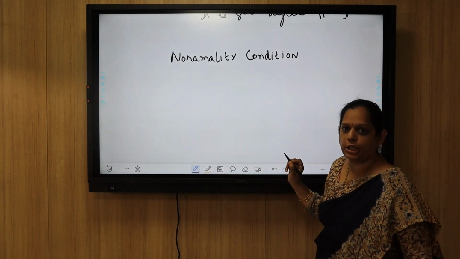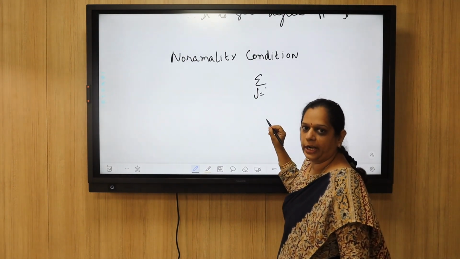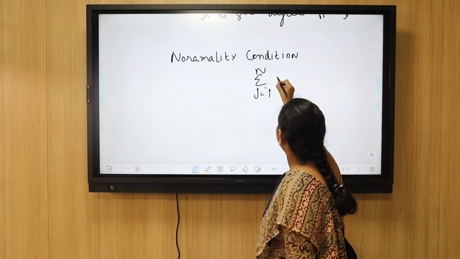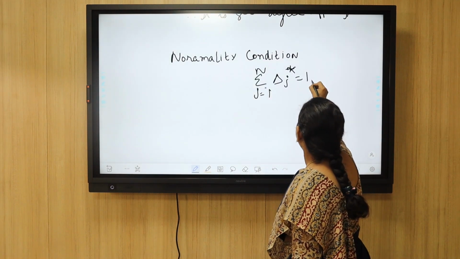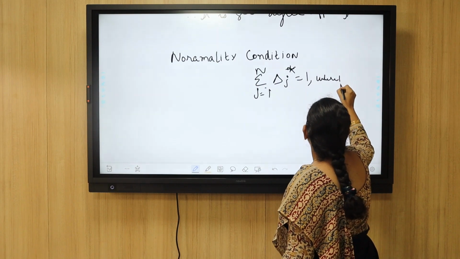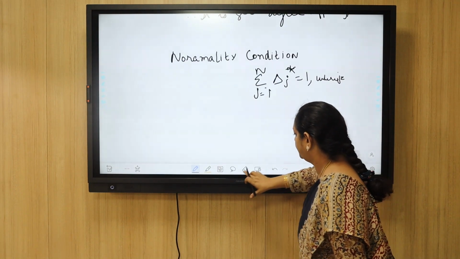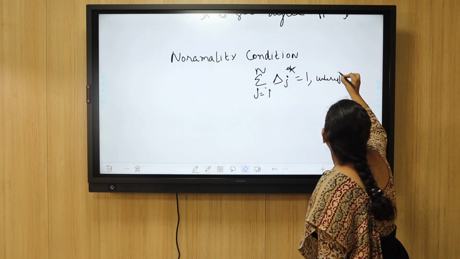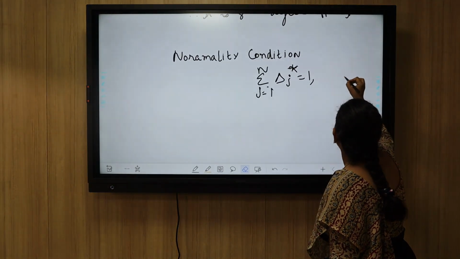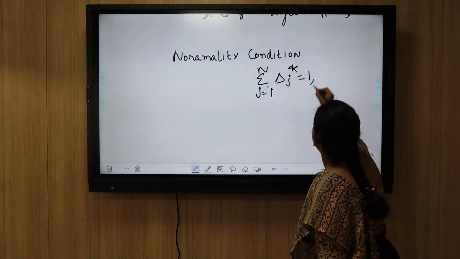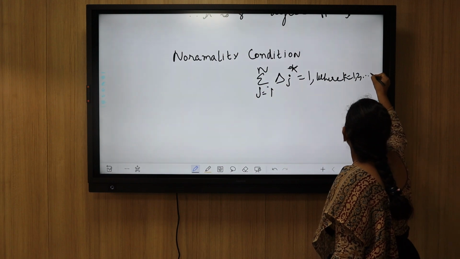The normality condition formula is sigma j equal to 1 to n, that is delta j star, equal to 1, where j equal to 1 to small n, where k equal to 1 and so on to small n.